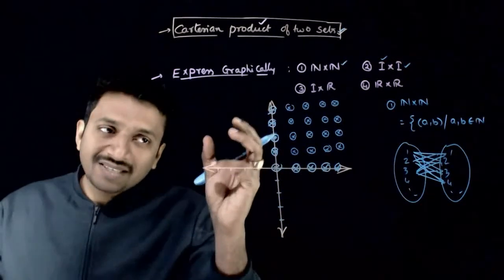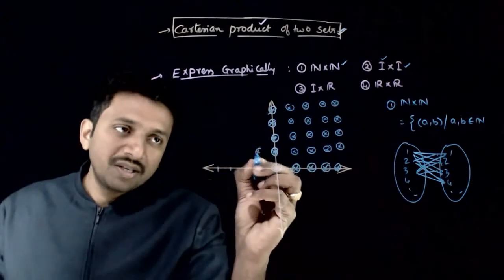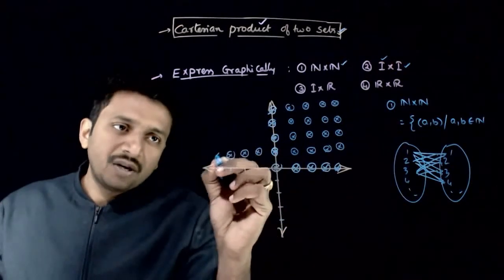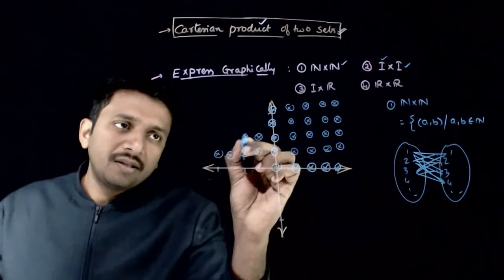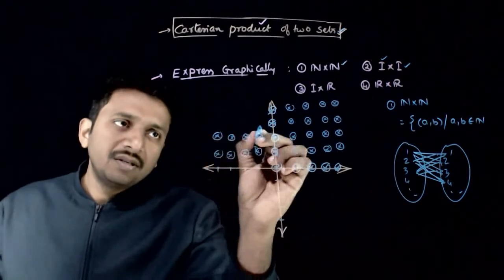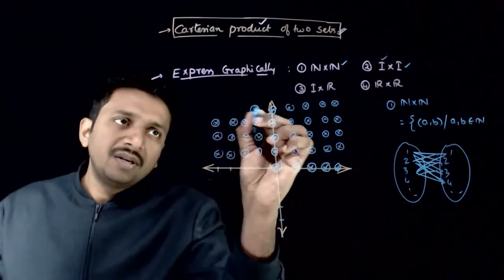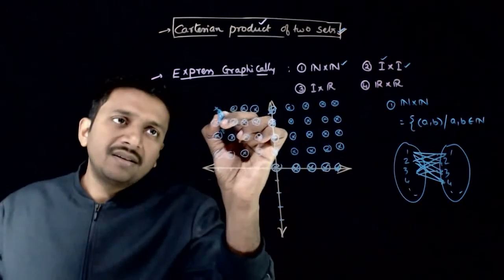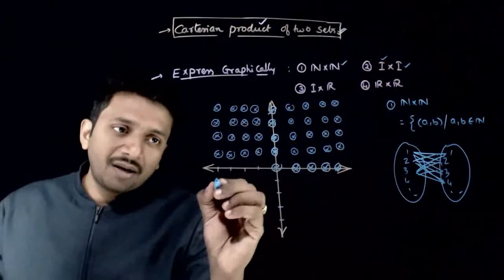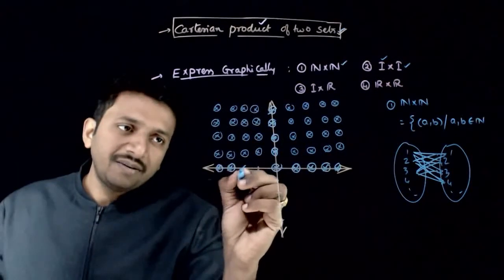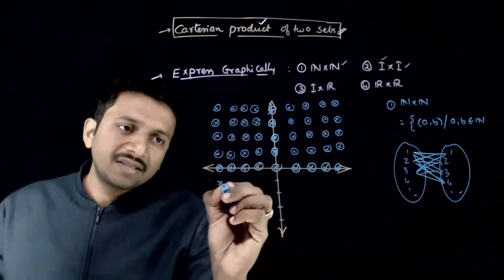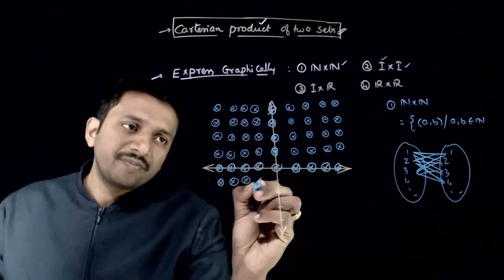First, second, third, fourth, all the quadrants. All these grid points combined form the set I cross I, or Z cross Z, right?